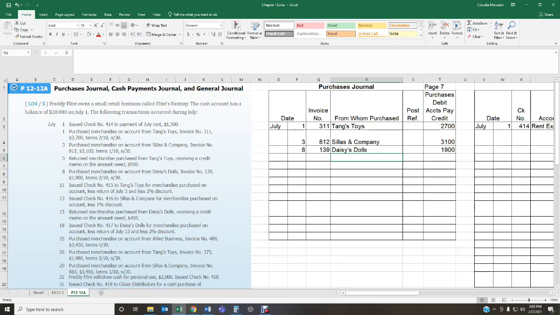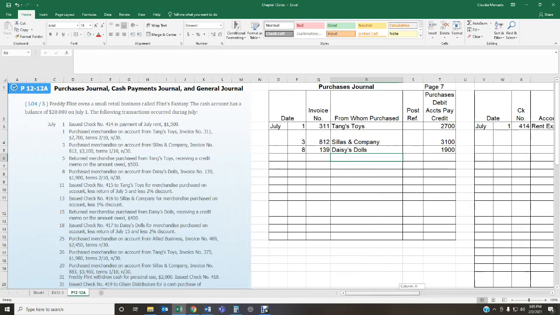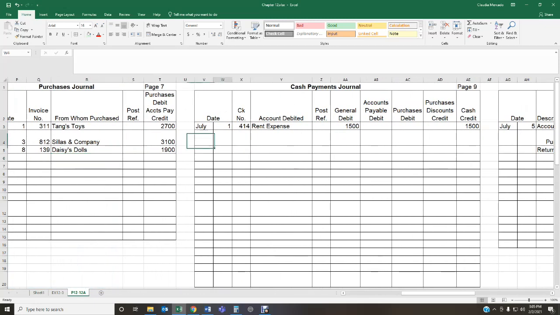So let's look at our cash payment journal. And this is happening on the 11th, correct? Yes, the 11th. So on the 11th, it was check number 415, and we are paying our check to Tang's Toys. Now, we're paying what we owed them. So we're going to debit our accounts payable for $2,200.